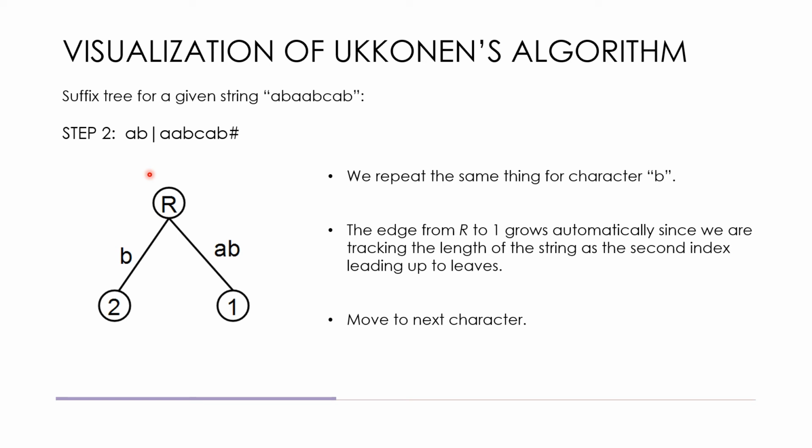We add b to each of the path labels, since we're using a variable to keep track of the length of the processed string as the second index. This is on the edges that lead up to leaves, and so we extend the path label, and that's all we do, and we can move on to the next character.